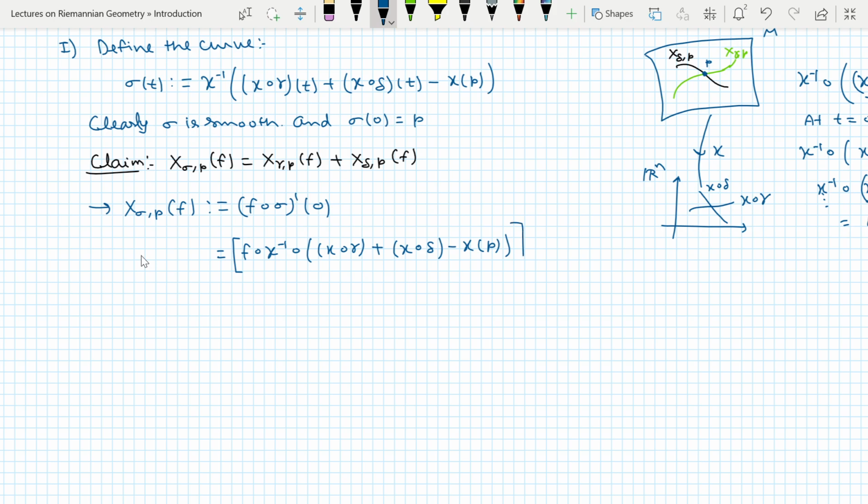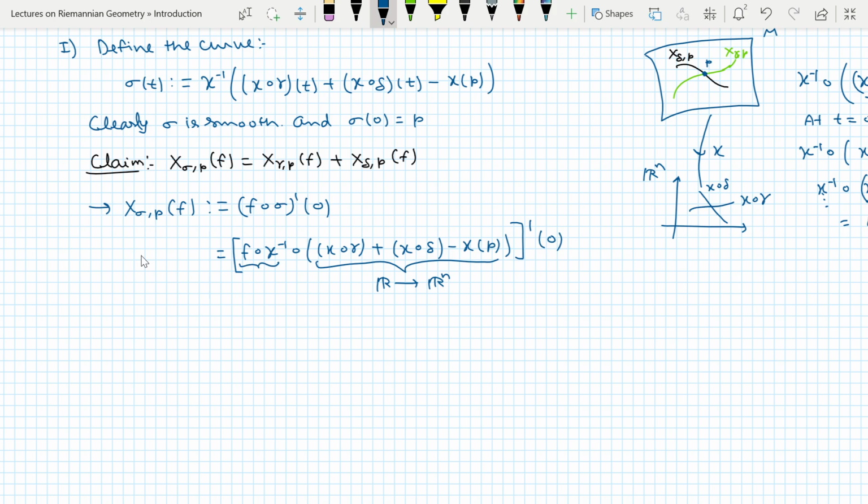Okay, seems I'm writing everything correct. This is it, and then the derivative evaluated at the parameter value 0. Now note here, we have two things. First, this entire function is a function from R to Rn.